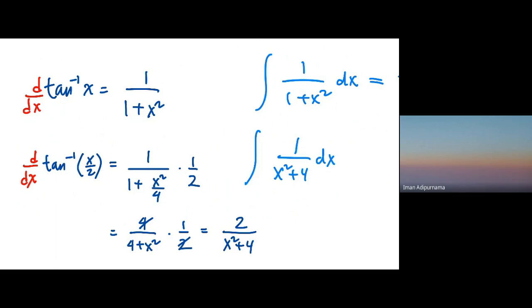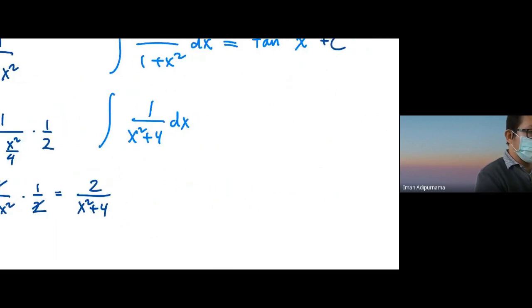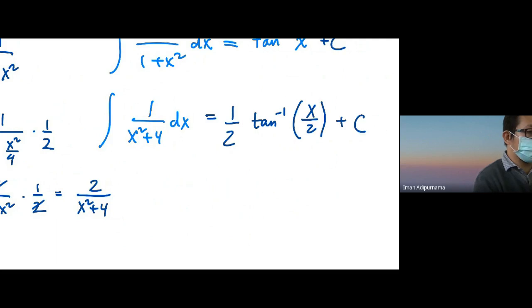So this is 2, but we have 1. So we need to multiply with half to get to 1. So this means that this is half tangent inverse of x over 2 plus c.